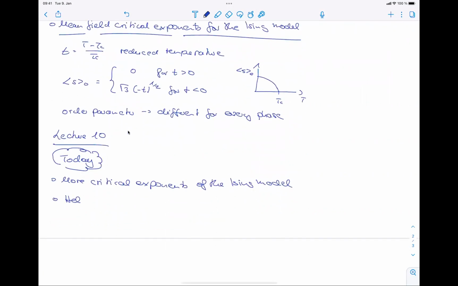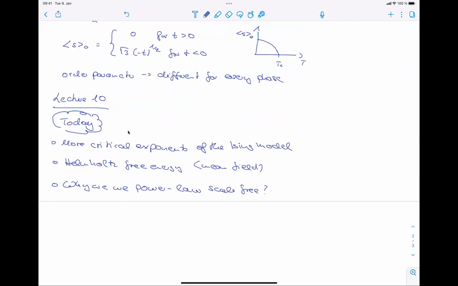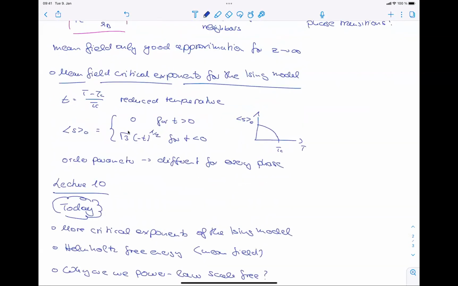We're going to look at the Helmholtz free energy, all mean field, and then take a discussion into why we are interested so much in these power laws, and what it means for a power law to be scale free. So power laws means this one, right? Value to the power of a function. Okay. Any questions? Okay, because this is going to serve as our cheat sheet for today.